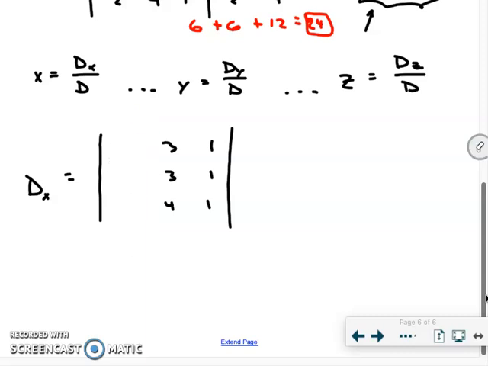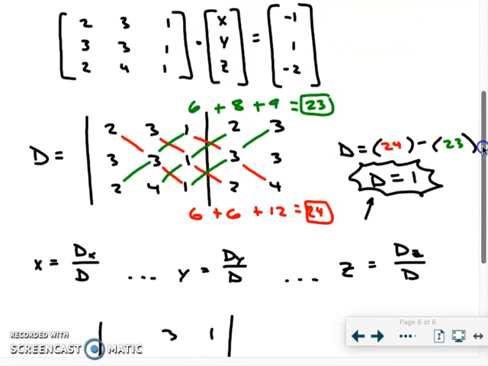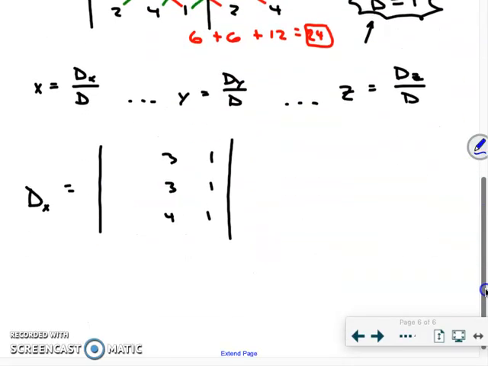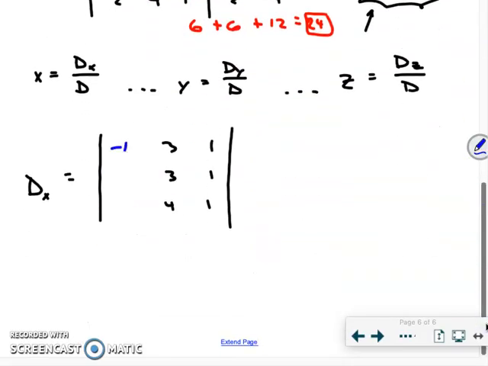In its place, we are going to substitute in the constant matrix, which if we go back, the constant matrix was this one. So negative 1, 1, negative 2. So negative 1, 1, negative 2 is subbed in its place, and now we need to find the determinant. So finding the determinant is going to give us this value of dx.